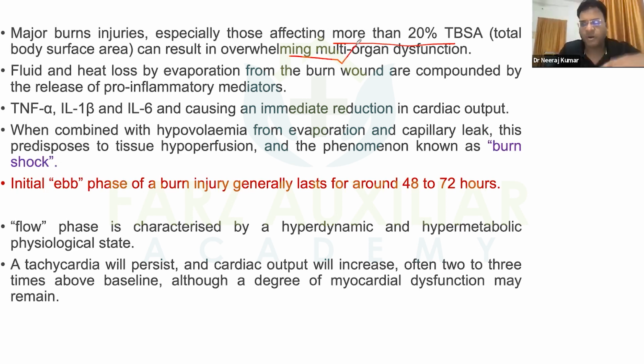So for MODS to happen, the TBSA should be more than 20%. Again, this is a one-liner. Apart from that, there is fluid and heat loss by evaporation. Why? Because of the release of pro-inflammatory mediators. The mediators that immediately reduce the cardiac output are TNF alpha, IL-1 beta, and IL-6. So these three mediators will reduce the cardiac output.